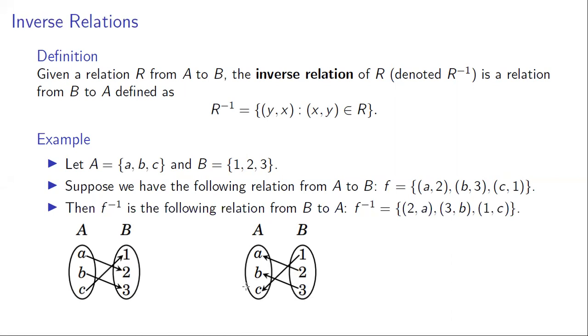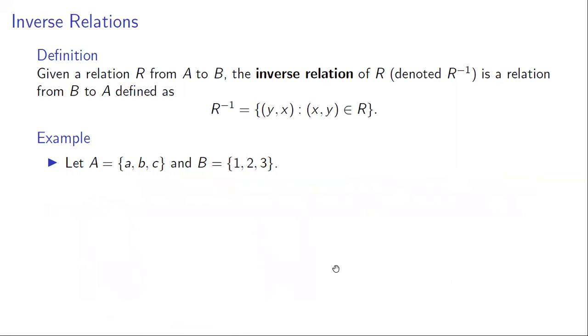Notice the arrows are the same, but they're pointing the other way. So 1 comma C, 2 comma A, 3 comma B. Notice that both F and F inverse in this example are functions. Now that's not always going to be the case, but in this particular example, F is a function, and F inverse is also a function.